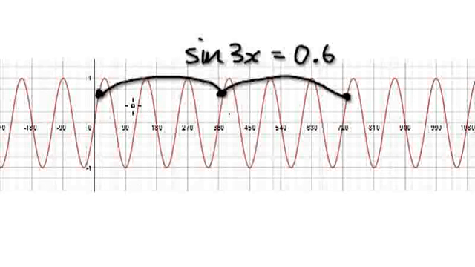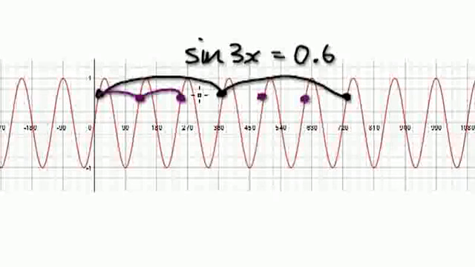You see, you're omitting this solution here, and this solution here, and you're also missing out this solution. So once you've got your first solution, you can't simply add 360.